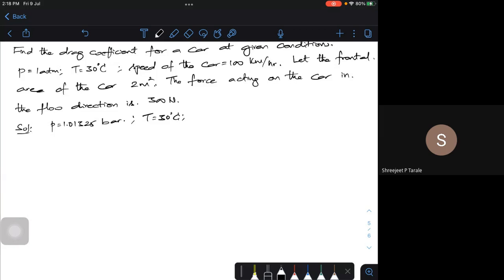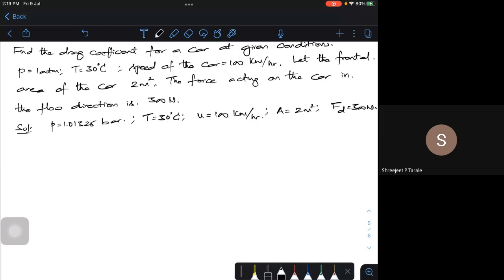Then the velocity, which I call U or V, is 100 kilometers per hour. Then area is equal to 2 meters square. Then the drag force is equal to 300 newtons. This is the data given.